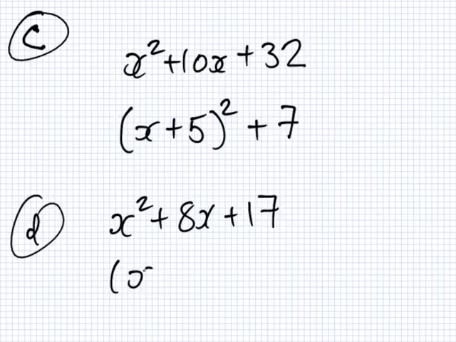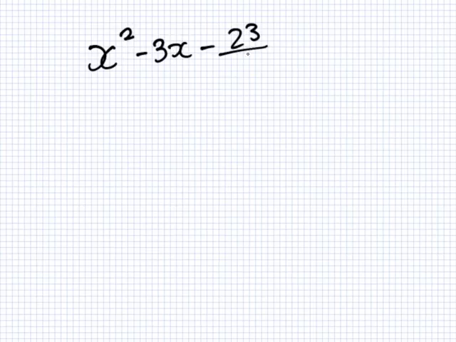So this should be x plus 4 squared plus 1. Okay, good. Let's try one a little different now. x squared minus 3x minus 23 over 4.